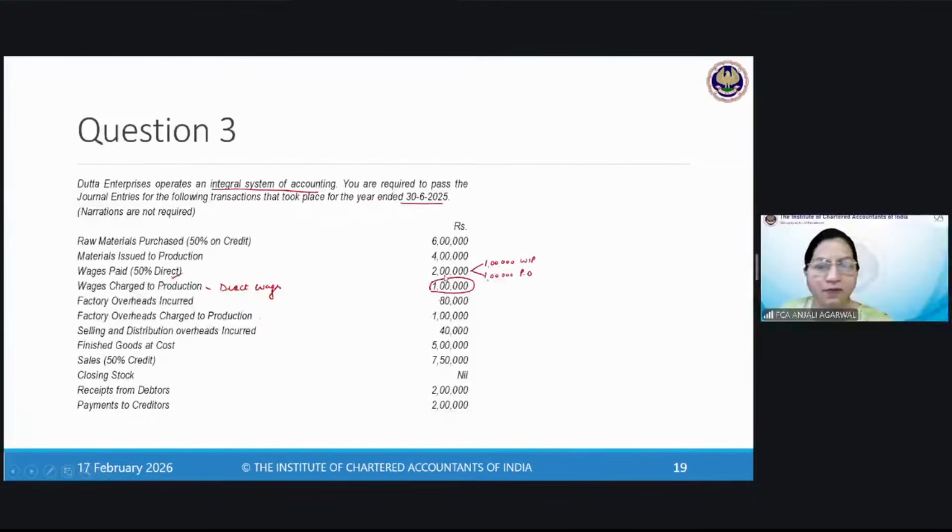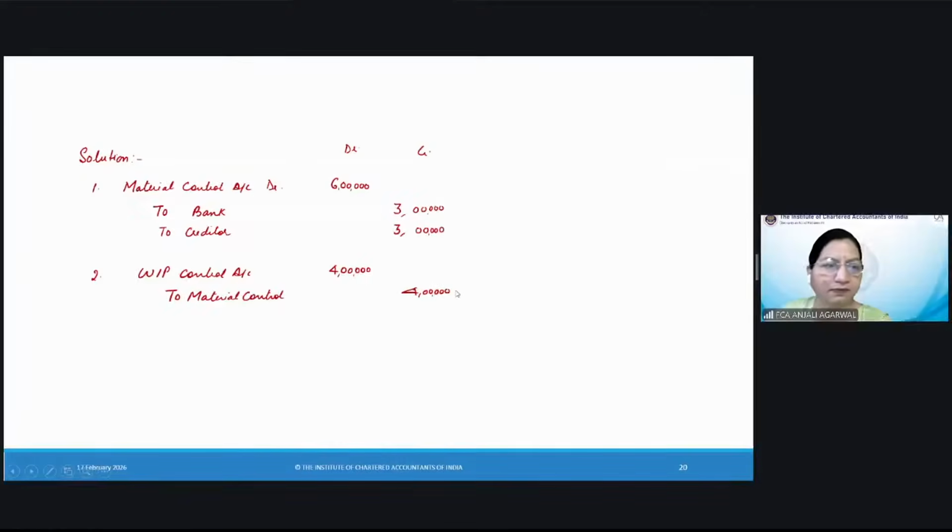Wages paid 2 lakh, 50% direct and 50% indirect. So we'll pass one entry. Direct will move to WIP, indirect will move to production overheads, and they have been paid. Or you can pass two entries, wages to bank and WIP to wages 1 lakh and production overhead to wages 1 lakh, total 2 lakh.